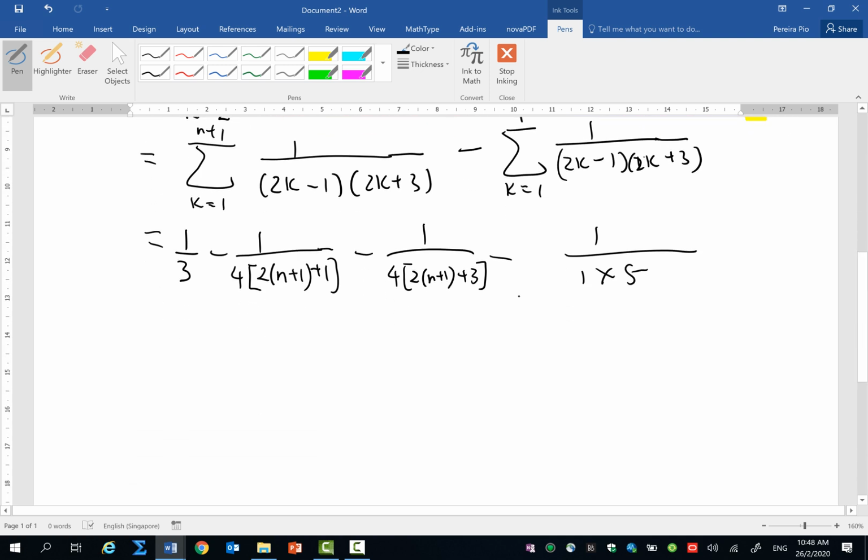This is basically to let you know: replace n with n plus 1, because the upper limit here stops at n plus 1, not n. But you must always check that the lower limit is 1.